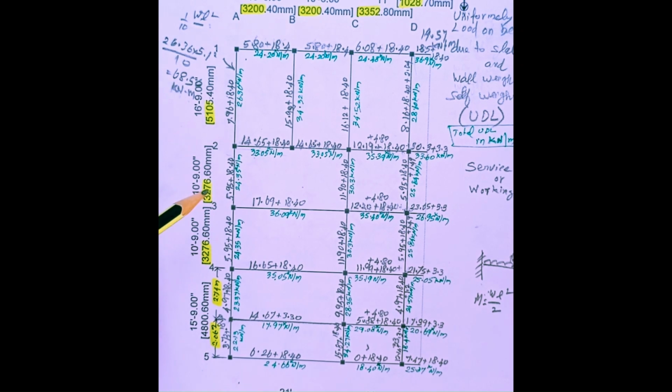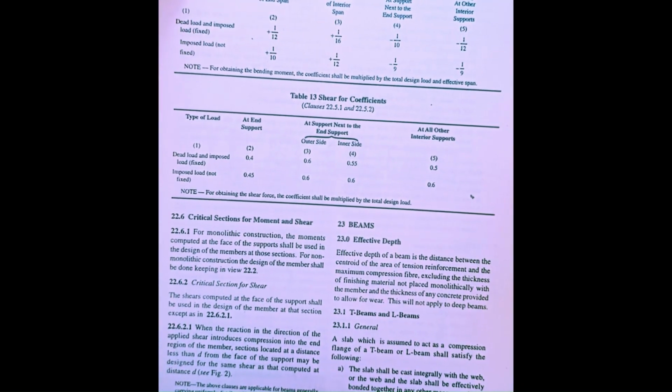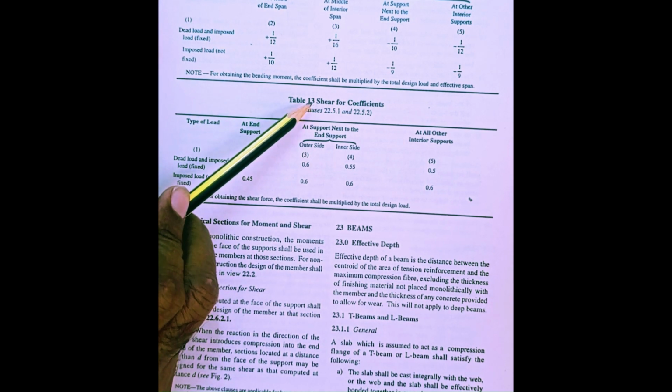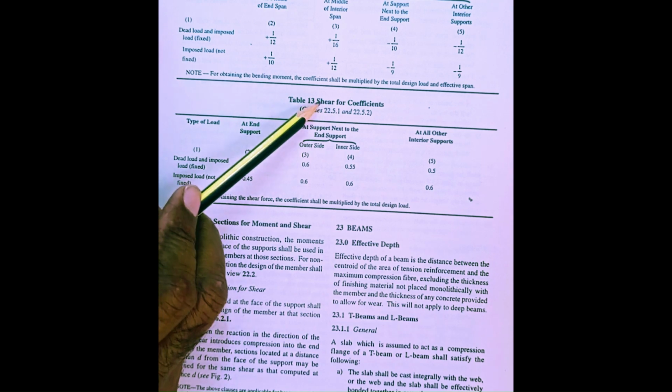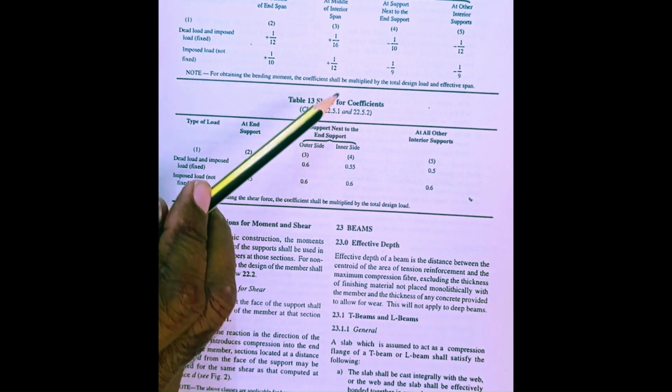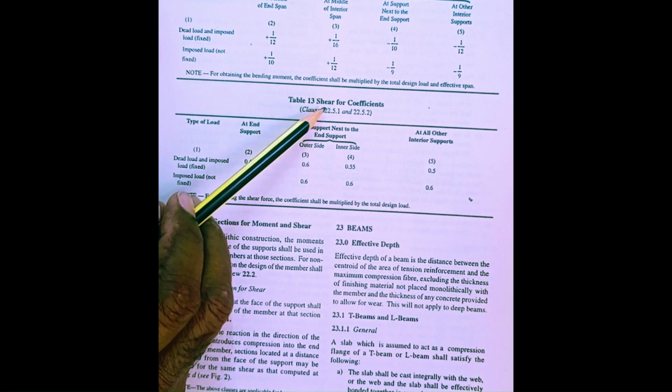For this, the IS code book, IS 456 2000, clearly indicates in its Table number 13 the shear force coefficients. Shear means the total force transferred by the beam at the end to the column, and it is calculated in this tabulation.